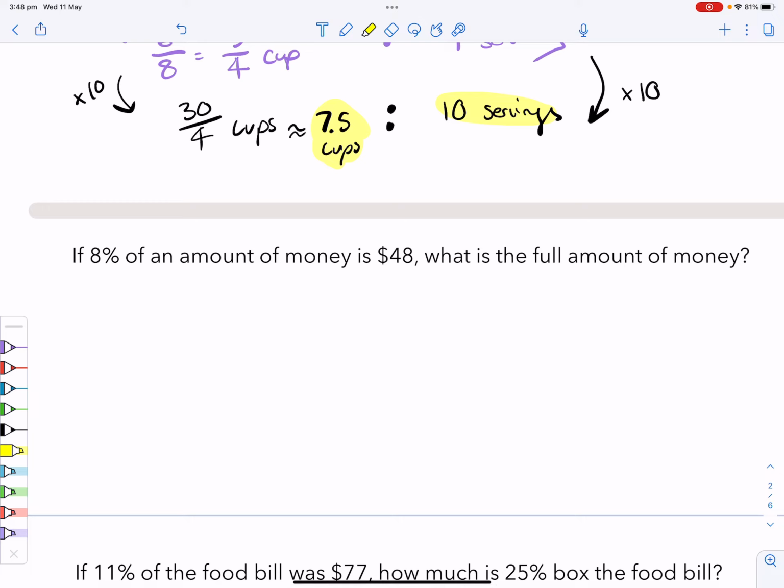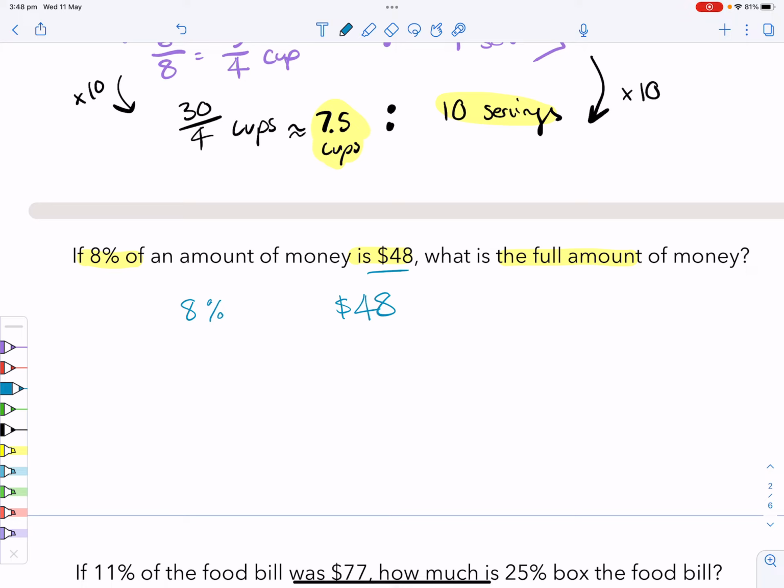So we've got, if 8% of an amount of money is $48, what is the full amount of money? So here again, I'm going to have 8% of some amount of money is $48. So here's my $48. Am I going to write this? I'm going to say no, because 8% is not the same thing as $48.